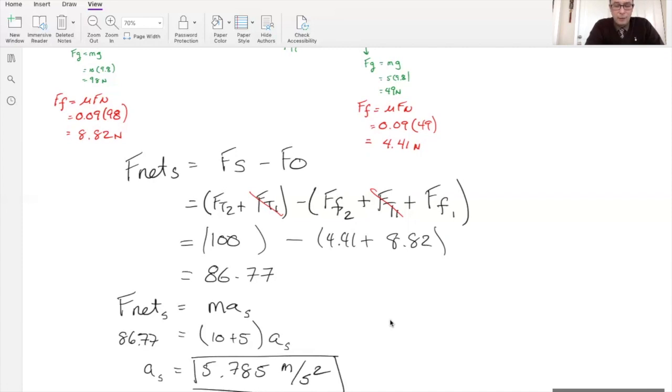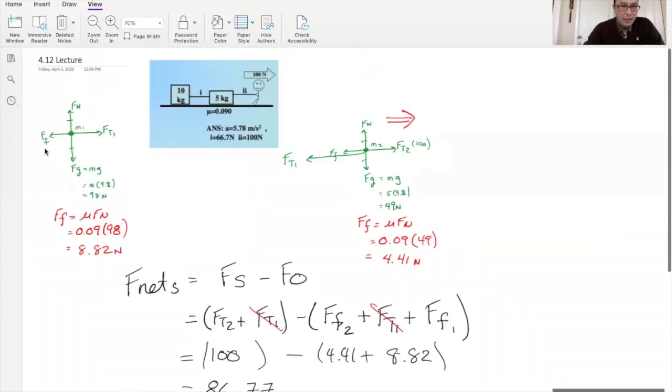The other thing we were asked to find was the tension in the ropes. Well, we already know tension 2 is 100. So let's find tension 1. Now to do that, I'm going to look just at this object. You could solve it for the other one, but this is a slightly more simple diagram, so let's pick this one. M1 has a force tension 1 and a friction force. Tension 1 is supporting, the friction force is opposing.